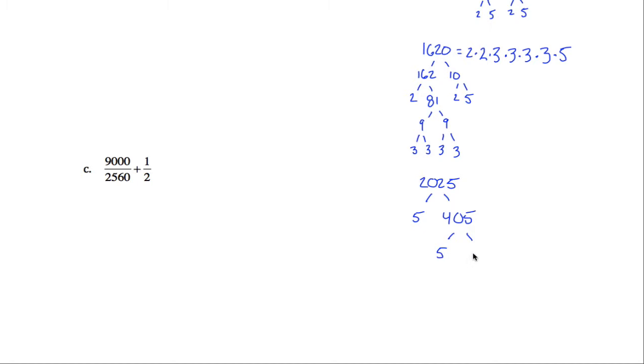What do we got there? 81. 5 times 80 is 400, and then 5 times 1 is the extra 5. 81 is 9 times 9. The 9's, as we've seen already, are 3 times 3. So the prime factorization of 2025 is 3 times 3 times 3 times 3 times 5 times 5. 4 of these 3's, 2 of these 5's.